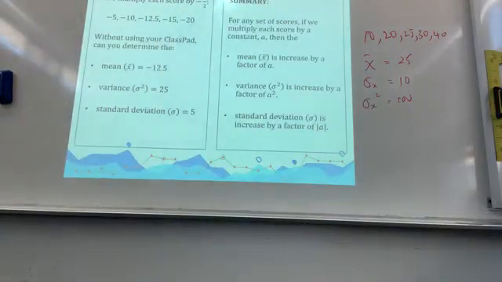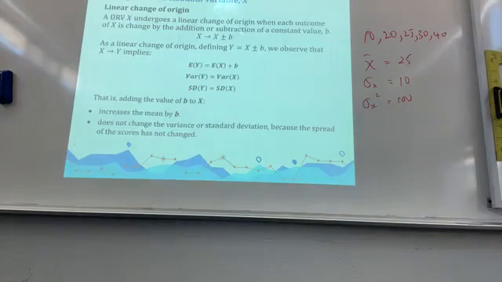Now we're going to apply these statistics to the probability distribution. So for any discrete random variable x, the linear change of origin. A discrete random variable x undergoes a linear change of origin when the outcome of x is changed by addition or subtraction of a constant value b.